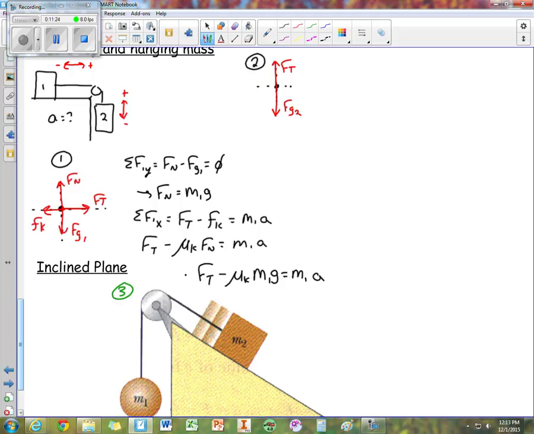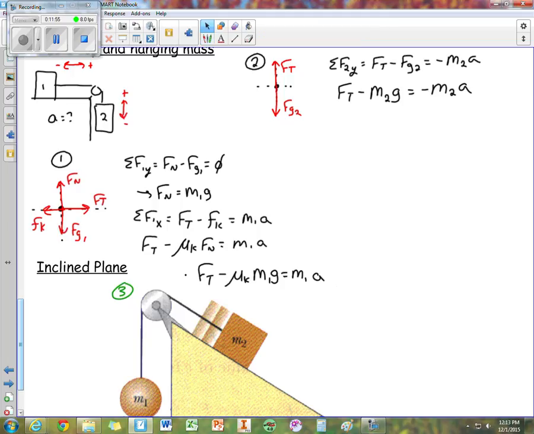So in this case, the sum of forces for object 2 on the y-axis equals the tension force minus Fg2, and that's going to equal negative m2a, because again, object 2 is going to accelerate in the negative direction. So that means that this tension force minus m2g equals negative m2a. Again, our two unknowns, Ft and a.